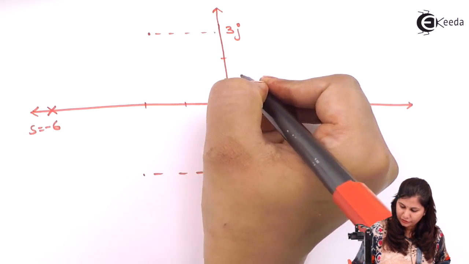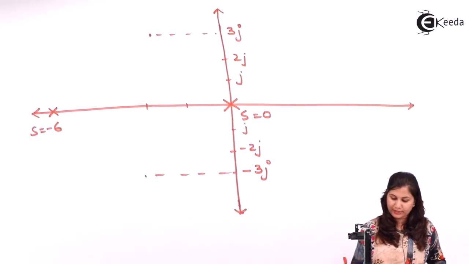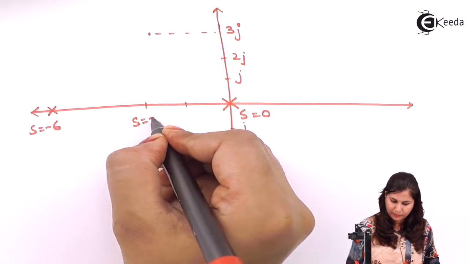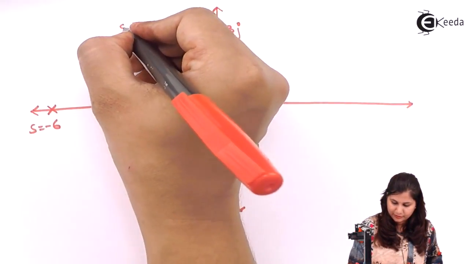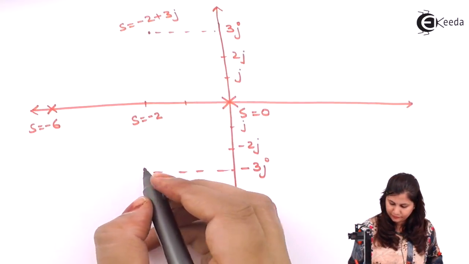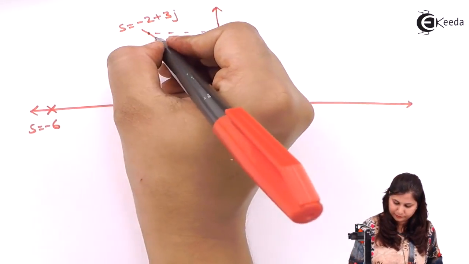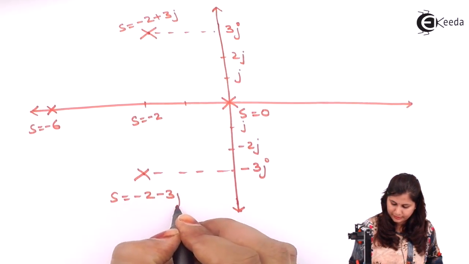Similarly here j, 2j, then 3j. So this is s equals to minus 2, and here we are having the pole minus 2 plus 3j, and here we are having a pole s equals to minus 2 minus 3j.